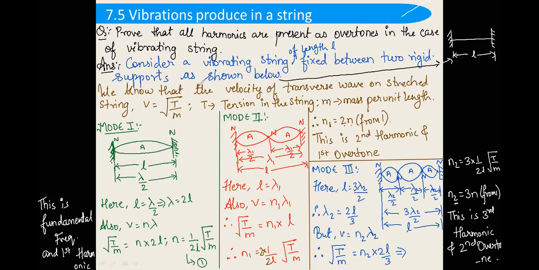All of you, I think you have taken the screenshot. Okay, so I'm erasing all the things. We will move towards the conclusion part. Remember, the question is: prove that all harmonics are present as overtones in the case of a vibrating string.